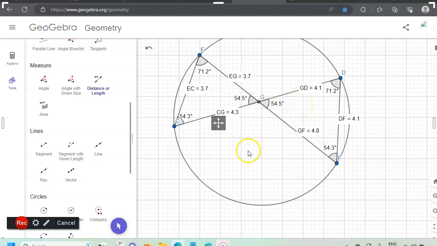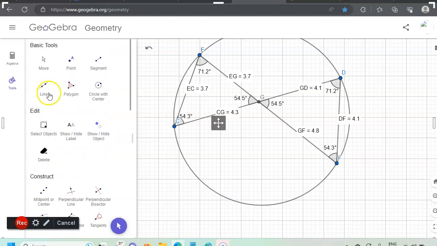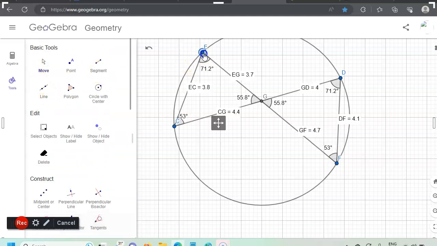Okay, and then side CG corresponds with side GF because these two line segments are the longest in their corresponding triangles.